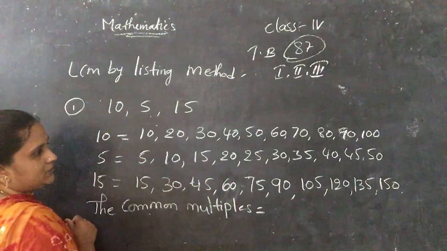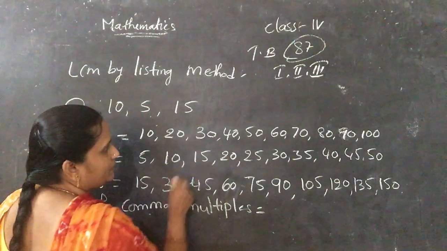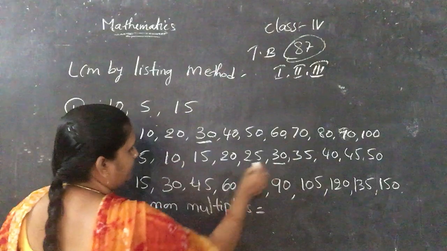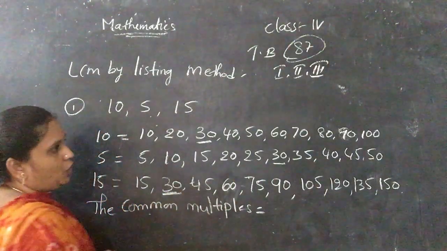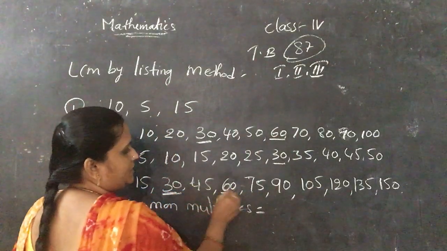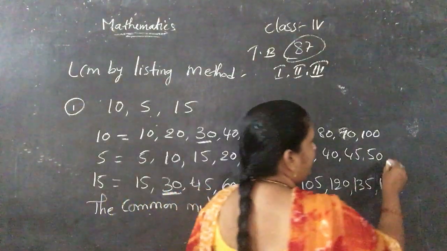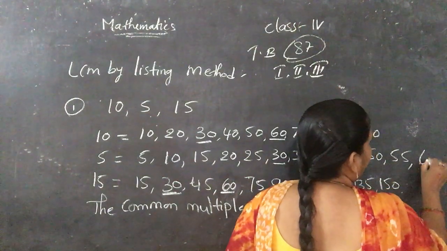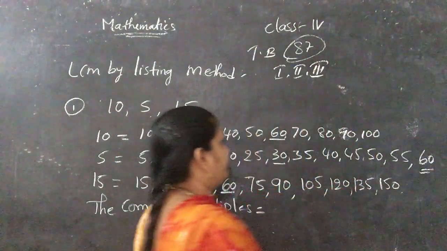Okay, next, if you observe here, 30 is repeated. 30, 30 and 30. Commonly it is repeated. Next, 60, 60, and if you continue here, in 15 also we will be getting 60.